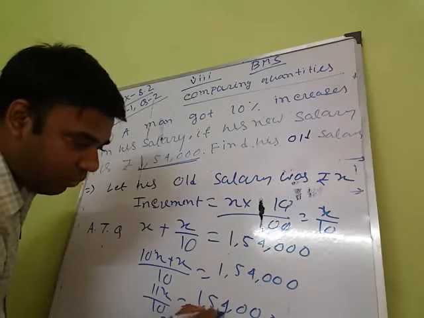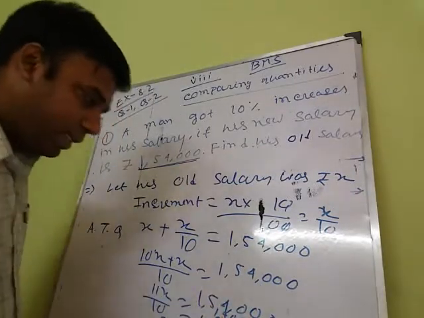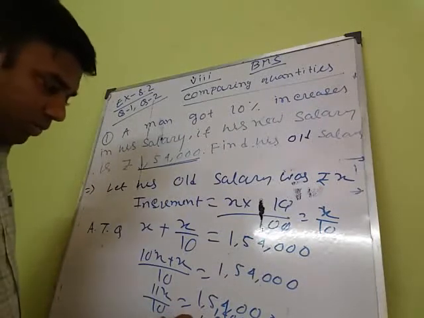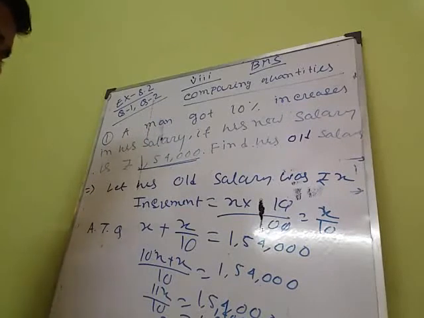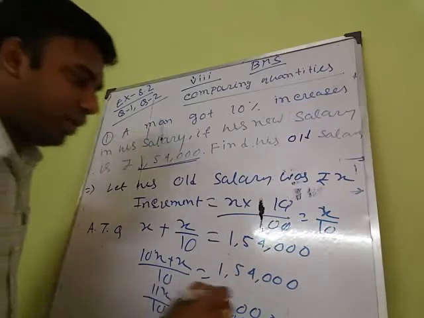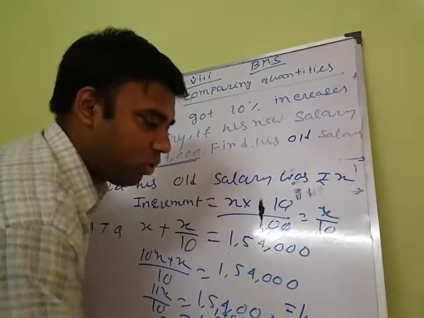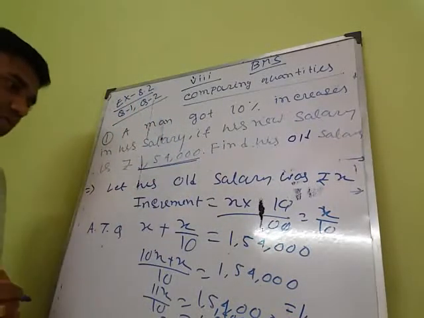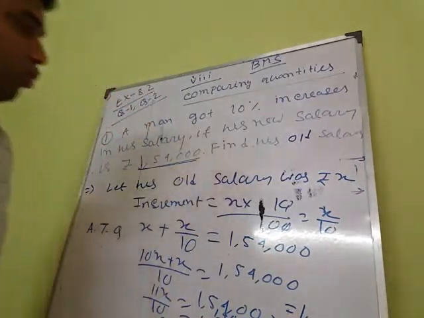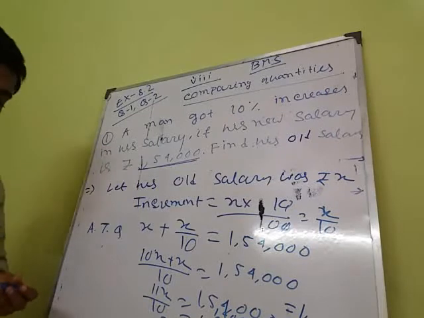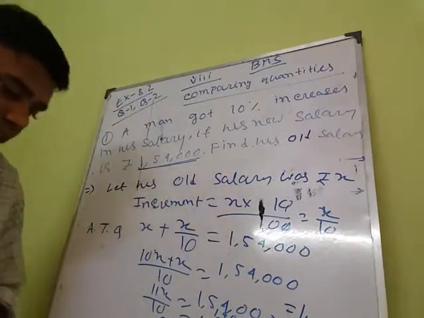Cutting by 11 gives 14,000, and after multiplying it will be 1,40,000. So his old salary was 1,40,000. Now moving on to the next part of the sum.